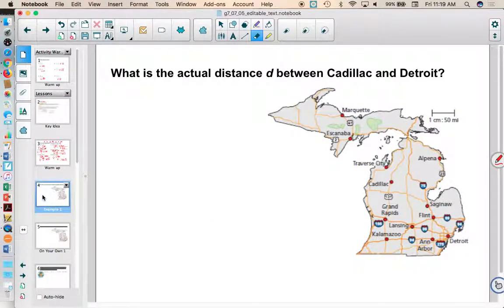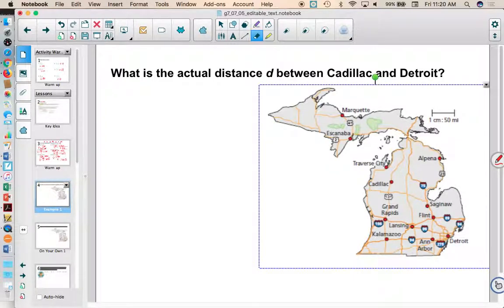What is the actual distance between Cadillac and Detroit? Notice the scale. What is the scale? 1 to 50 miles. Notice the way the scale is written. On your models and on your drawings, you're going to have to be able to write the scale.